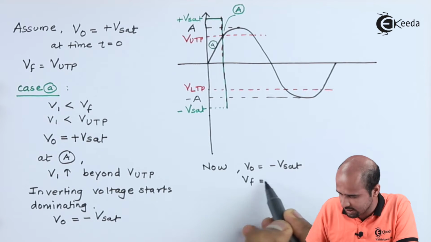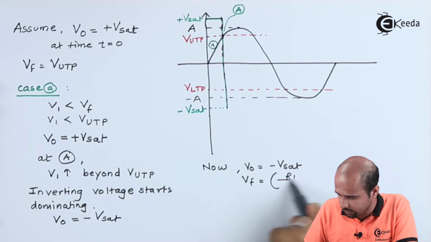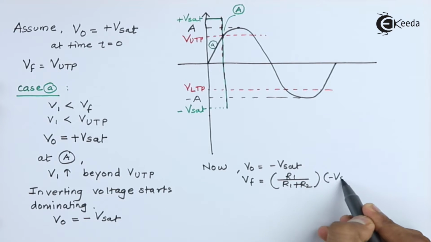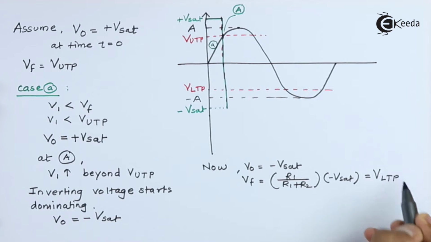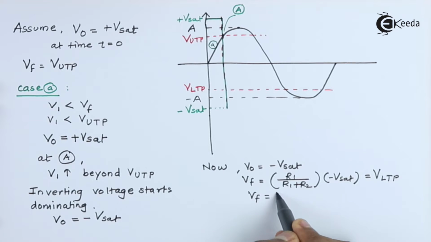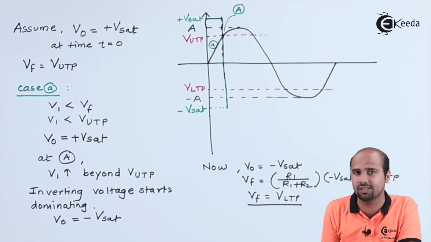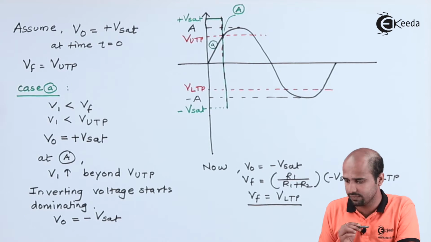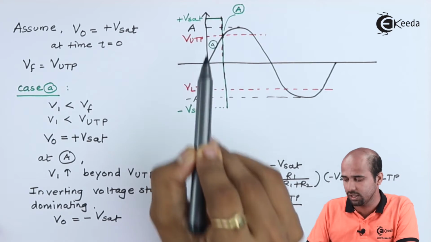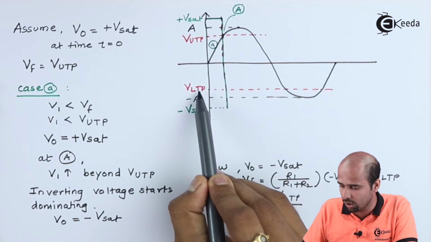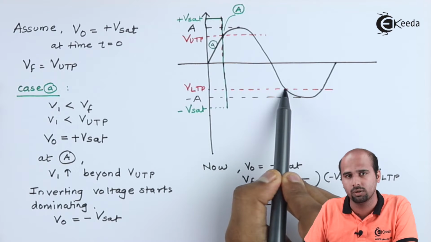So Vf is equal to R1 divided by R1 plus R2 multiplied by minus Vsat, and that is nothing but VLTP. So Vf now will become VLTP, with which I will compare the value of V1. Now the value Vf is no longer the value VUTP. Now we'll have to compare with the value of VLTP.